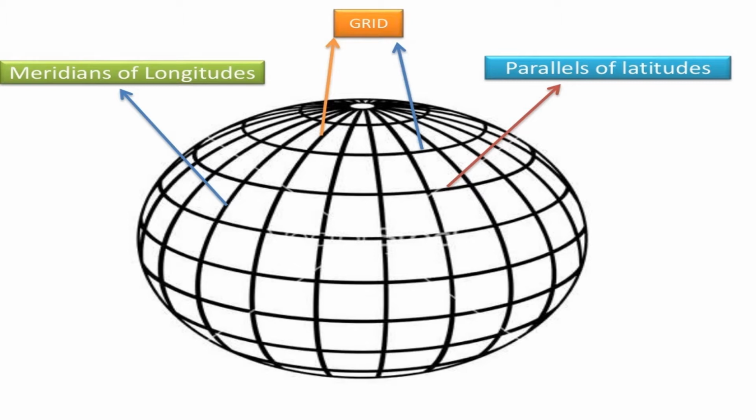Now today we are going to learn about the latitudes and longitudes on the globe. If you notice, all lines that run parallel to each other, these lines that run parallel to each other, they do not meet at any point in time on the globe, are called latitudes.